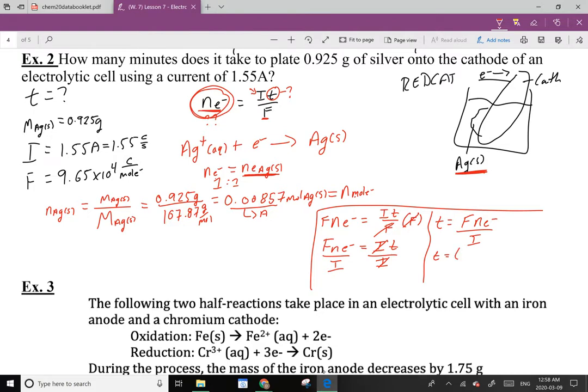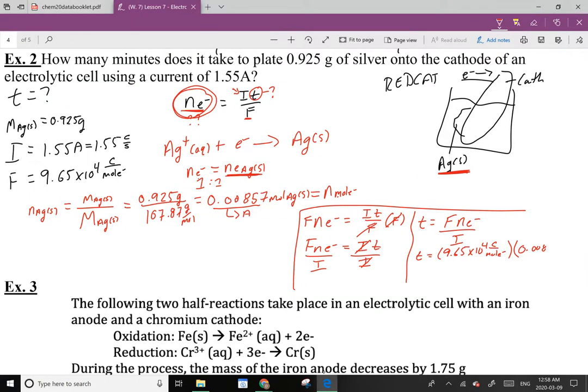So time, remember, Faraday's constant is 9.65 times 10 to the 4 coulombs per mole of electrons, multiplying our stored value, not the rounded value, but I'm going to note it as the rounded value here, 0.00857 moles of electrons, divided by our current, which was 1.55 amps. And your time, remember, this is going to be measured in seconds because this is also 1.55 coulombs per second.